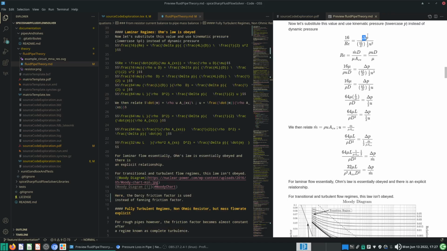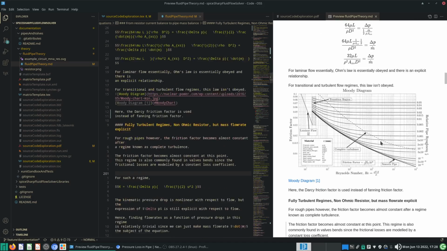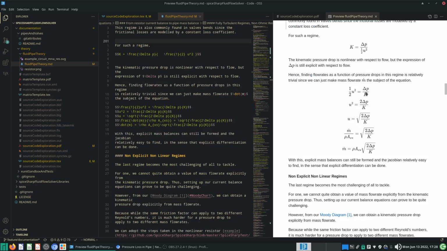Just like I did here, I took out the rho from the half rho U squared and put it in here. So the kinematic pressure drop is here. You have K at the bottom, and if I make U the subject, or mass flow rate the subject, this is what we will get. So this is still okay because we have mass balances.